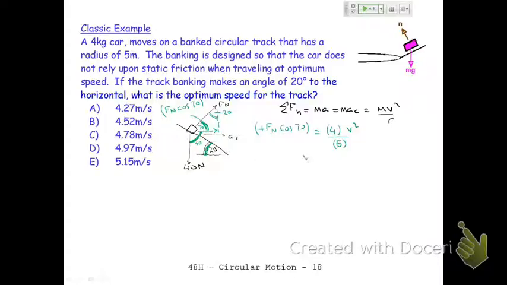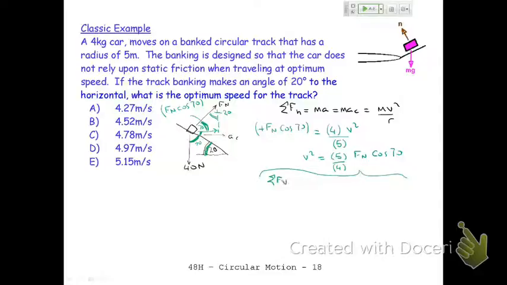So my v squared is equal to 5 over 4 Fn cosine 70. Oh! I can't solve this because I don't know what Fn is. Let's figure out what Fn is.